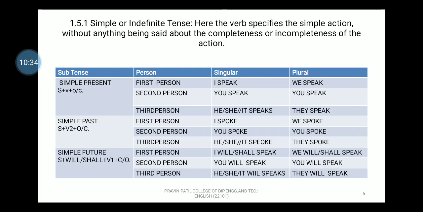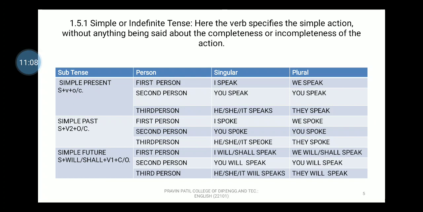If the subject is third person singular, then we use the s-form of the verb in the simple present. Be careful: if the subject is singular third person, at that time we use the s-form of the verb. Same with have and has: has is used when the subject is third person singular, otherwise we use have.